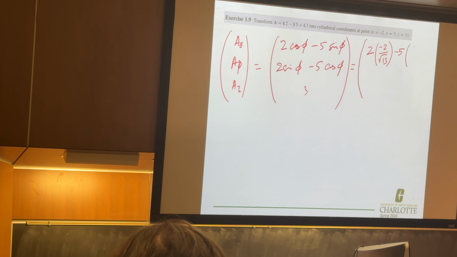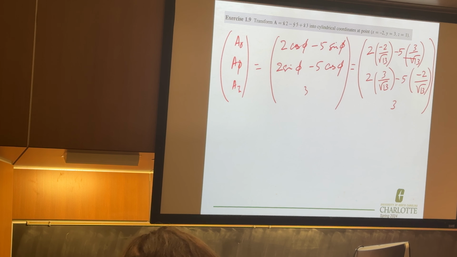And then we repeat the same substitutions. 2 times 3 over square root of 13 minus 5 times minus 2 over square root of 13. Then Z is 3. Okay, the transformation matrix has a minus sign.